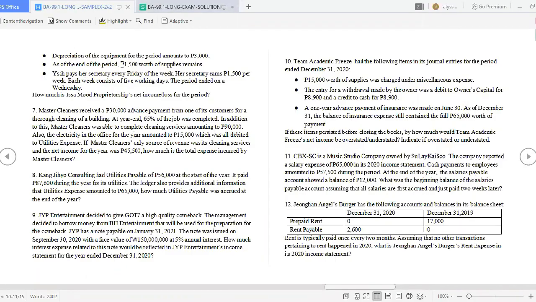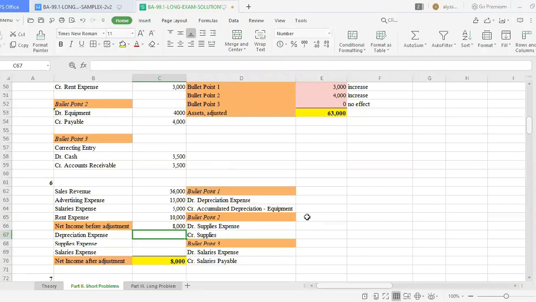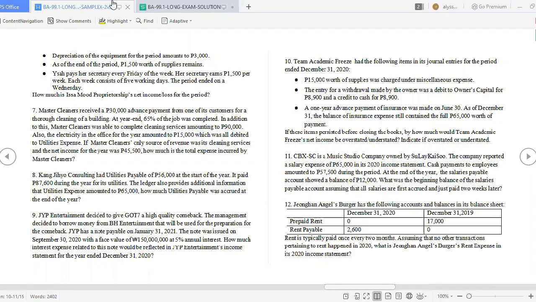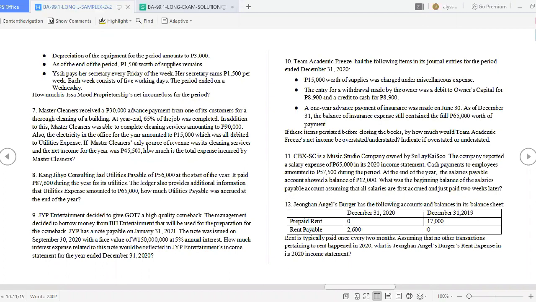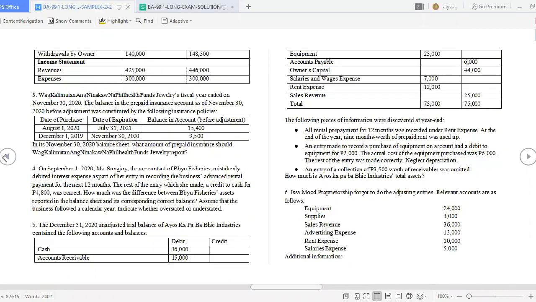So depreciation of the equipment, 3,000. So we record depreciation by debiting depreciation expense and crediting accumulated depreciation for 3,000. Another 3,000 here. The next, as of the end of the period, 1,500 worth of supplies remain.